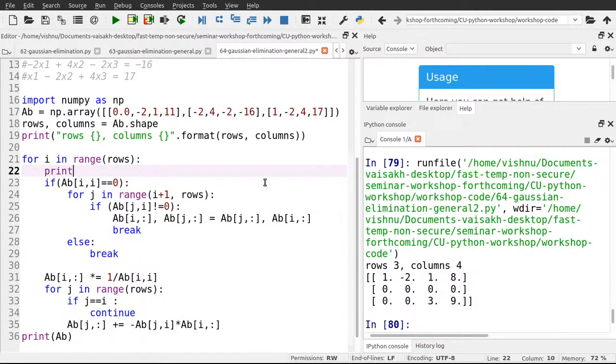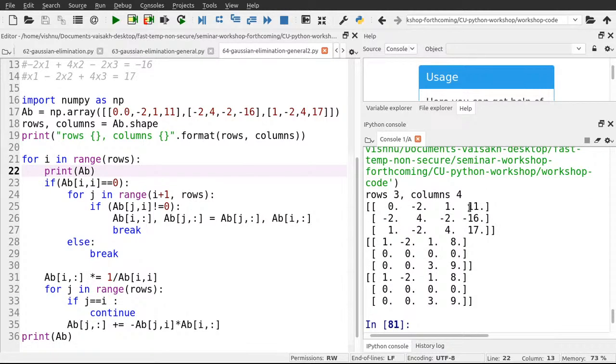Let us print AB after each and every step. 0, minus 2, 1, 1. After that, some interchanging is happening. So what type of interchanging is happening? 2, 4, 1 minus 2, 1 minus 2. So this is not getting interchanged, but why is that? I think in the second step it's happening like this.